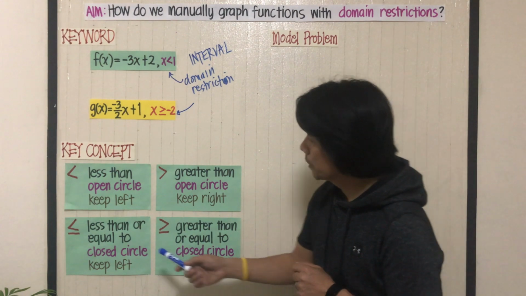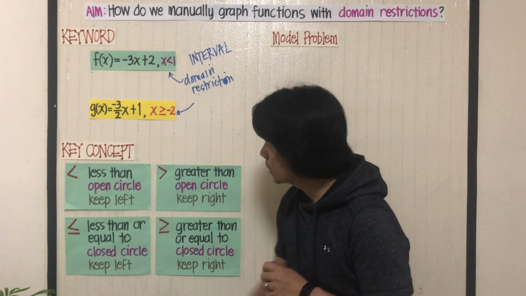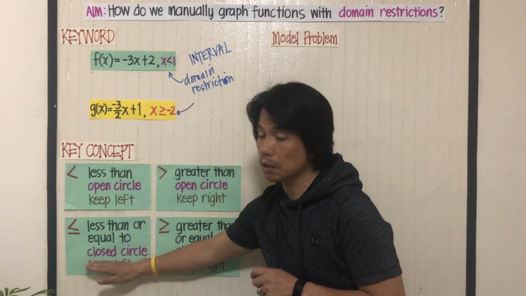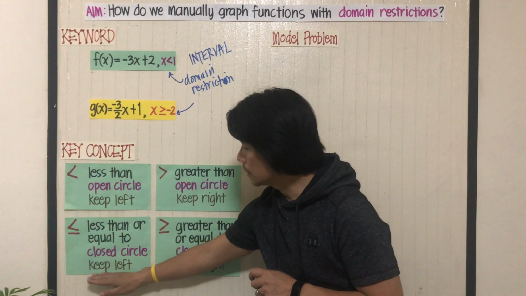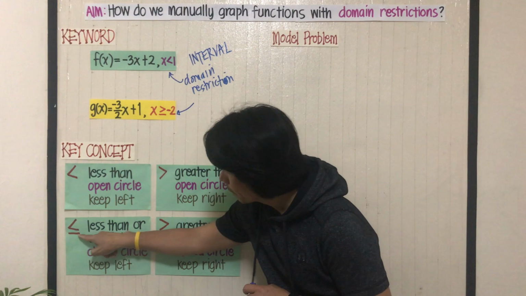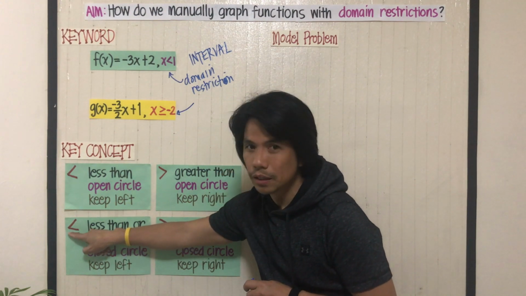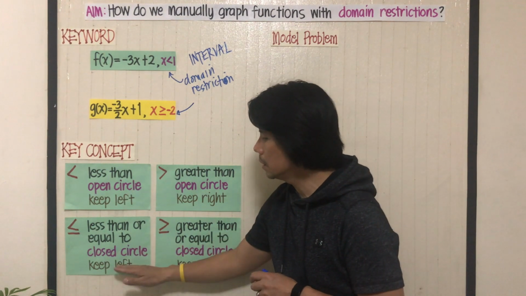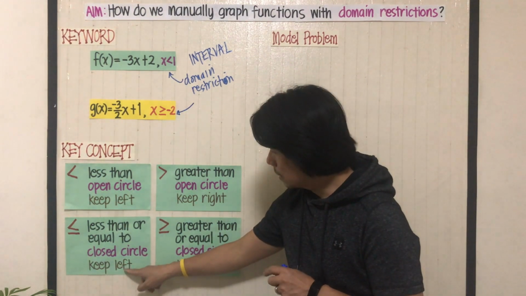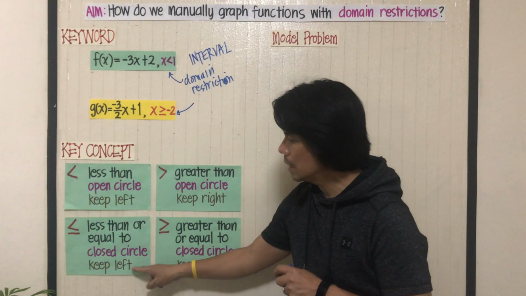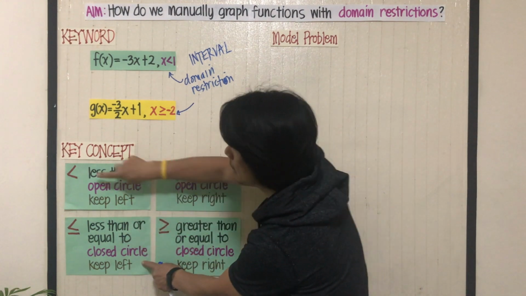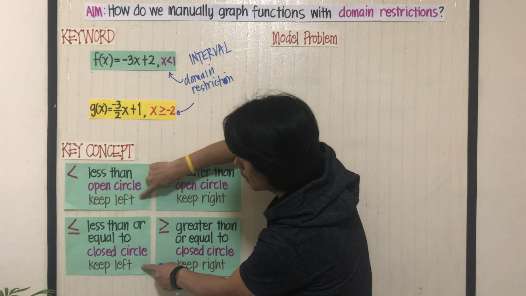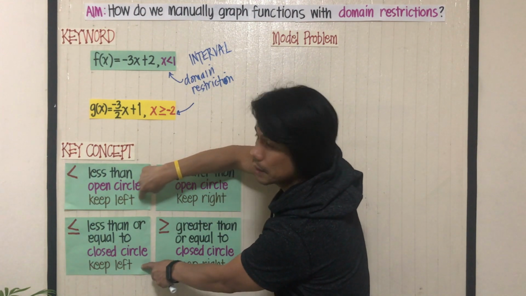And of course, if we have less than or equal to, we use a closed circle. And why a closed circle? Because there is an equal to symbol. That is your hint. You use a closed circle in your graph, and of course you keep the left part. If you notice, with the less than or equal to symbols we keep the left part of the graph.